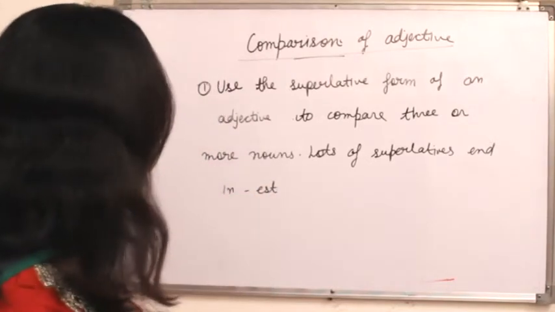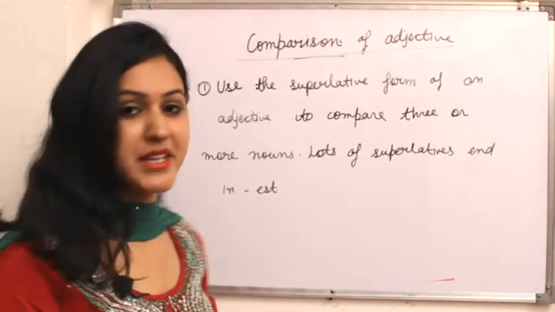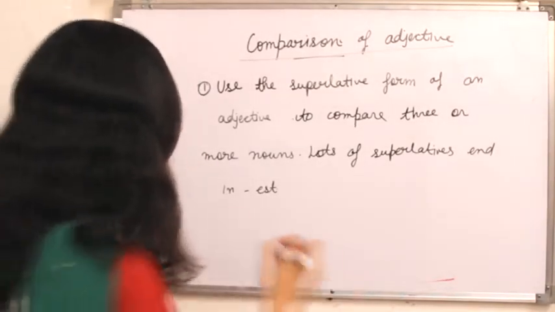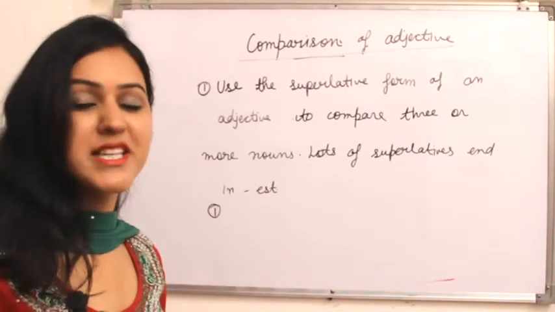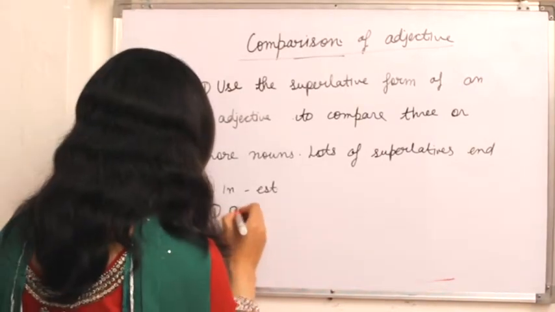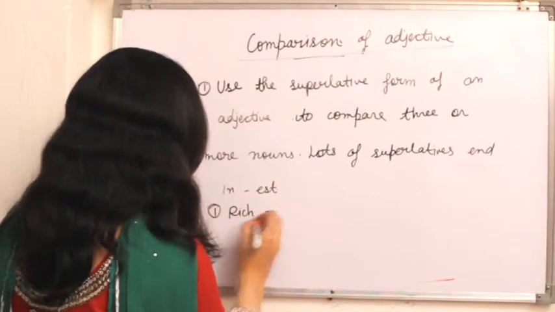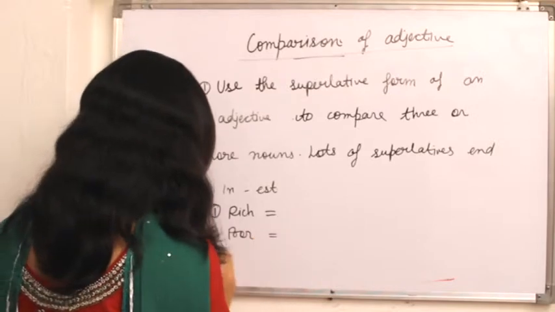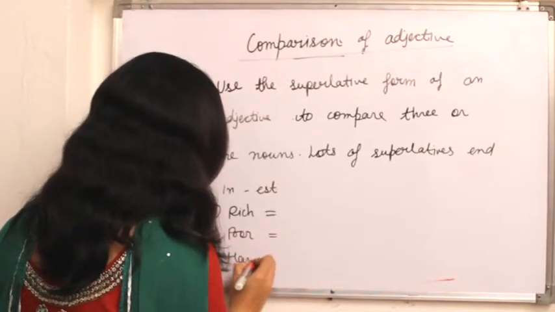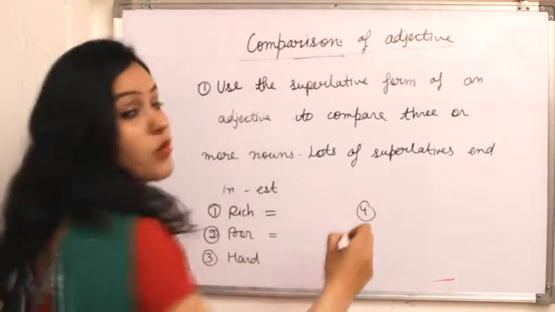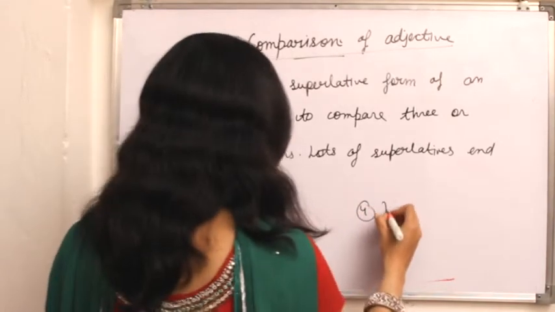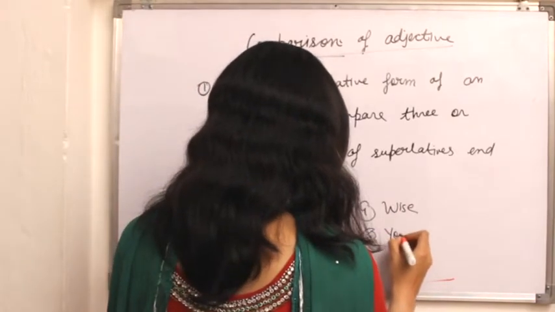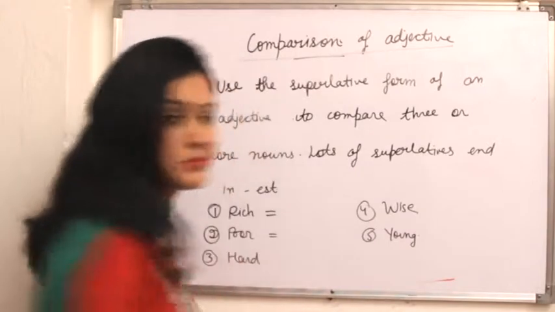Okay, so here I write the third, superlative form, which is about rich, poor, hard, wise, and at the last young.